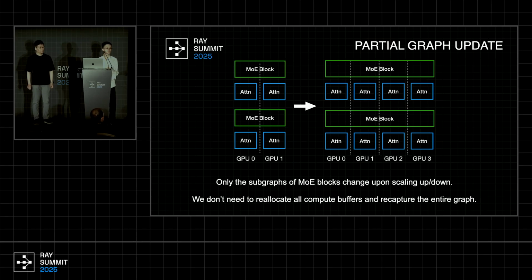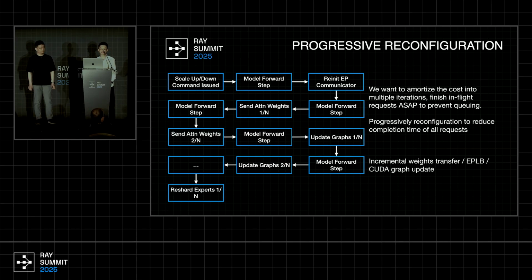The chart that stood out to me was where you laid out that when you deploy with Elastic Experts, the time to deployment is shorter, but the actual execution time takes a little bit longer. Is that a fluid balance, or is that just the nature of using Elastic Experts? Oh, you mean this kind of delay of each model forward step. This only happens during reconfiguration, so during normal execution, I don't think there's any overhead on the data path.